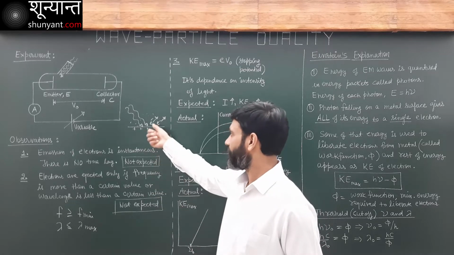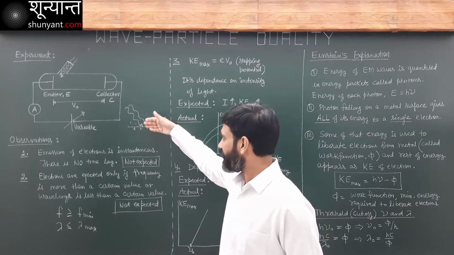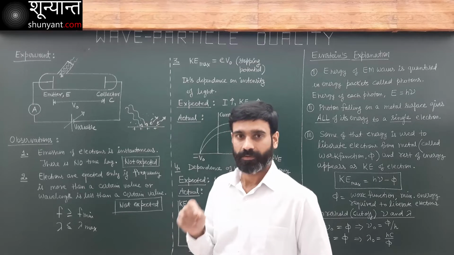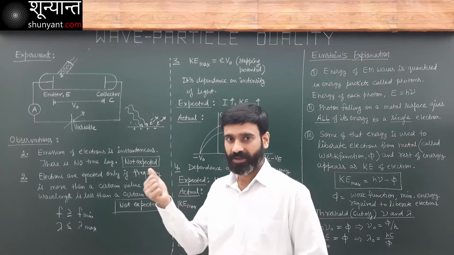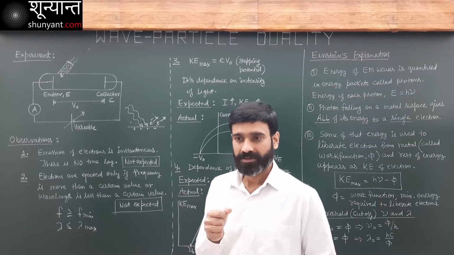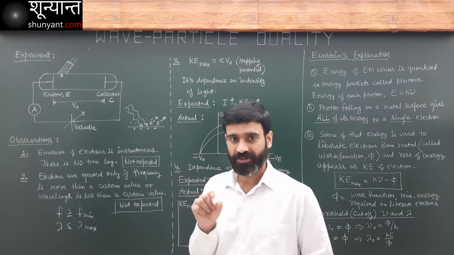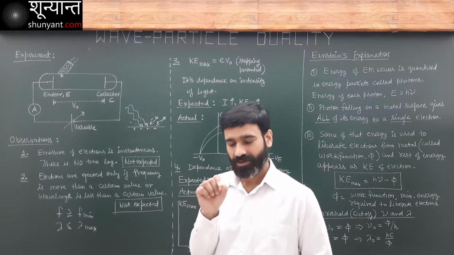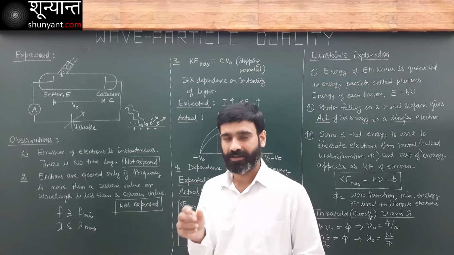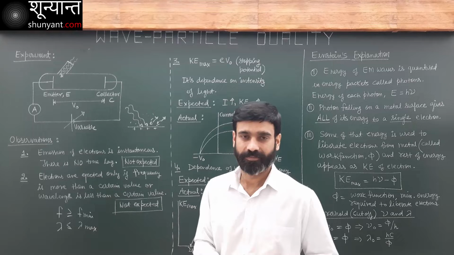Also, to liberate the electrons, to take them out of the metal, some energy is required. We need to provide that much energy to the electron, and only then will electrons be ejected, and that is going to take some time.